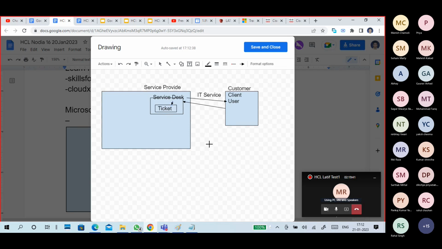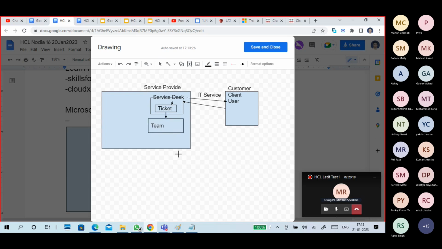This ticket is handled by the person in the service desk, and related to the requirement or issue, it will be forwarded to a separate team. There are several teams: some are networking related, some server related or cloud related. Different expert level teams are there, technology based. The ticket is forwarded to the relevant team.